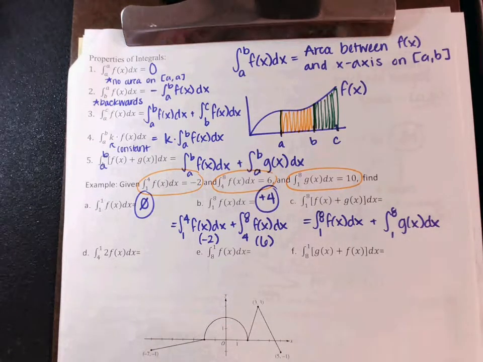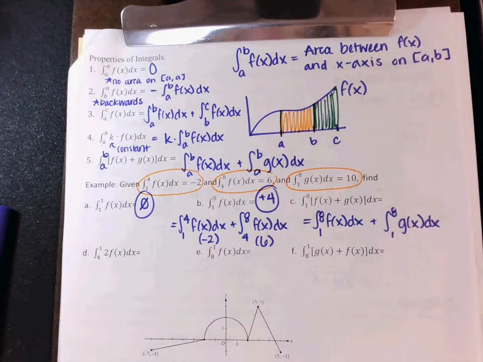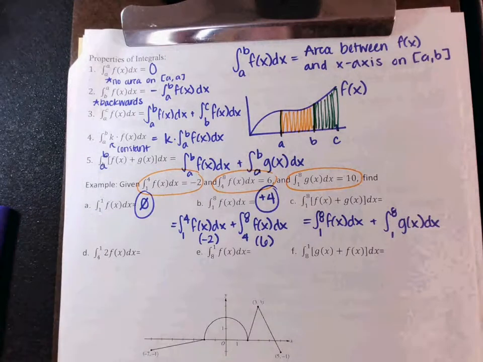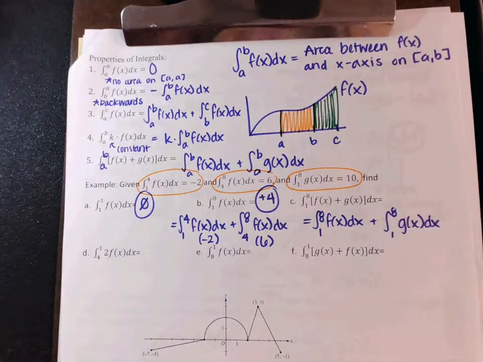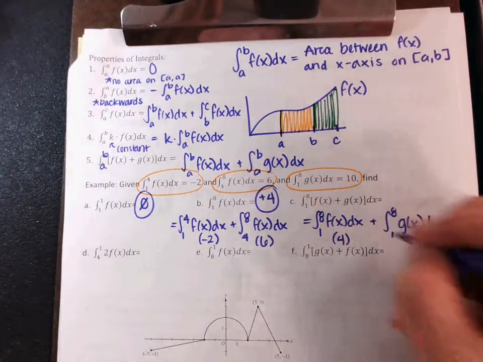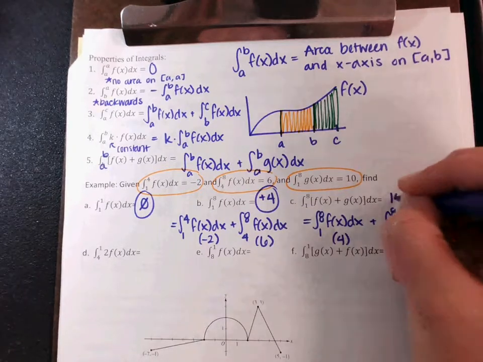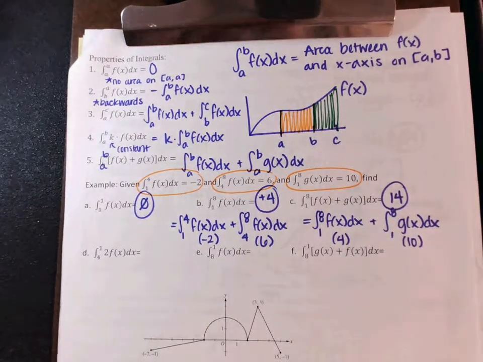We just found it in part B. What was that first integral? Okay, 4, right? And then what's the second integral? 10. So if I do 4 plus 10, that's how many? 14. So 4 plus 10, 14. Okay?